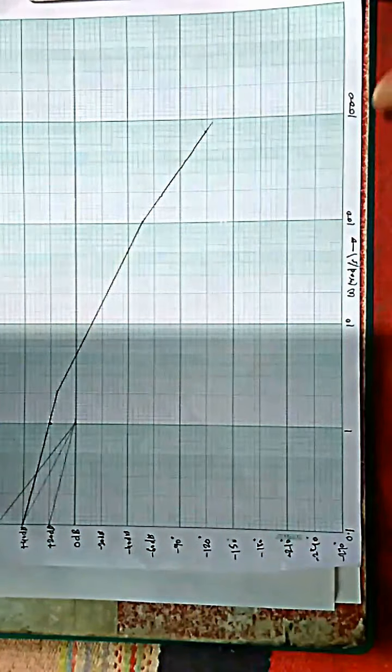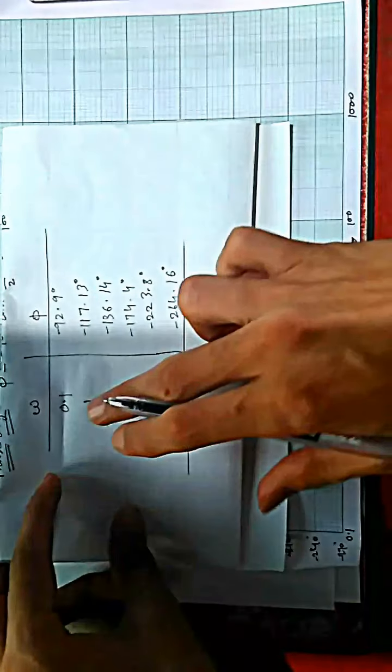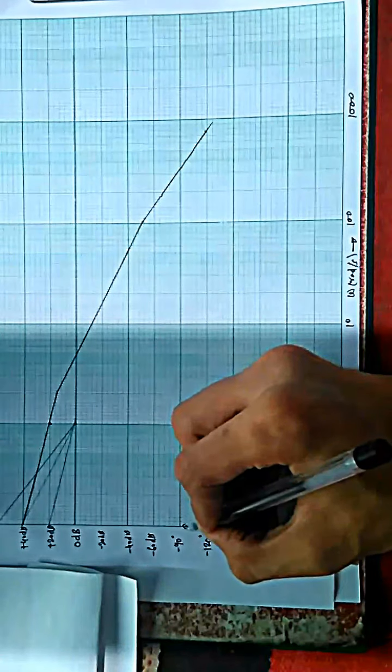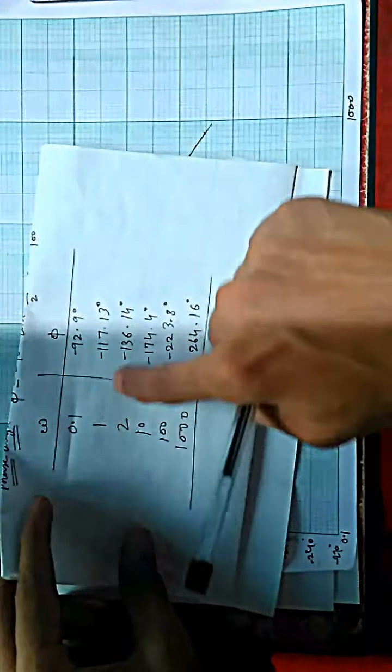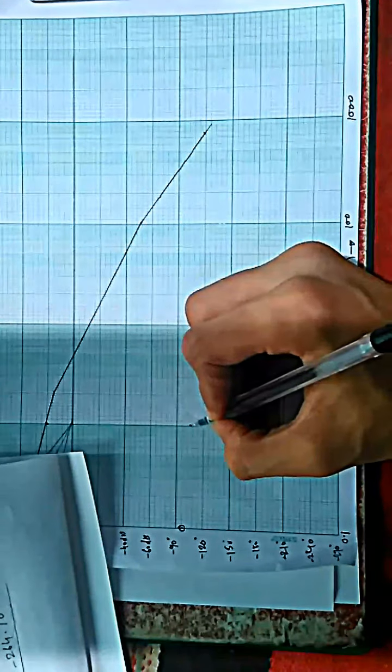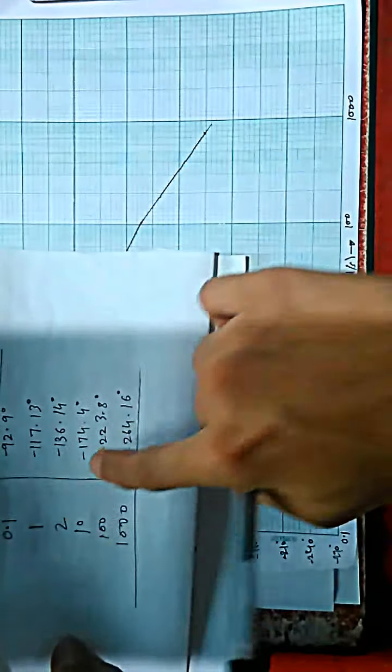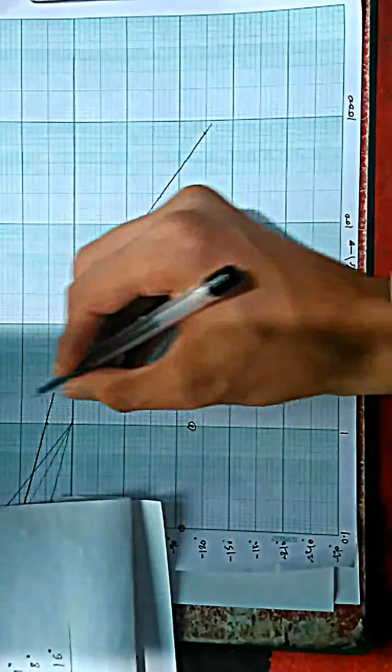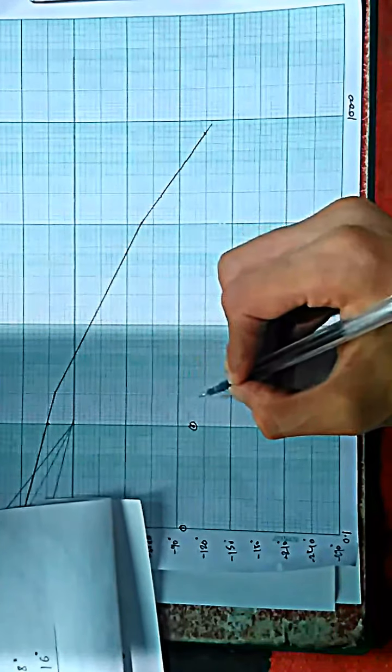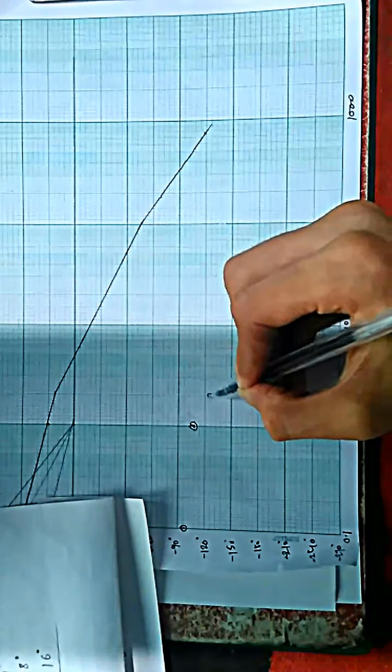Now at omega is equal to 0.1 we have minus 92.9, which is somewhere here. Then at omega is equal to 1 we have minus 117.13, somewhere here. At omega is equal to 2 we have minus 136.14. Omega is equal to 2 is here, somewhere here.